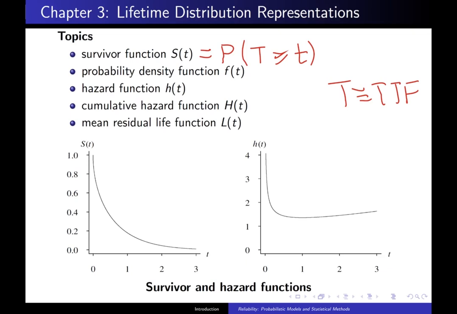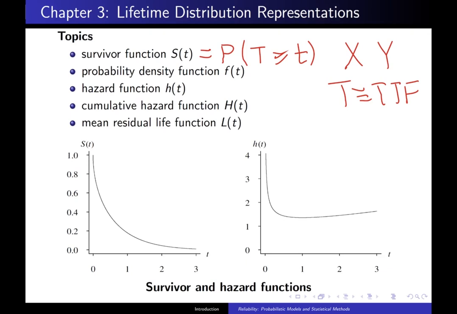In Chapter 3, we look at lifetime distribution representations, and here are 5 of them. The second is probably familiar. That's the probability density function, little f of t. Notice that if you take a first probability course, you probably work quite a bit with the random variables x, and if you have a second random variable, that would be the random variable y.